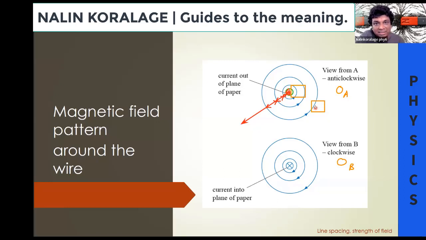So what do you understand? Something we have already discussed. Field lines are closer to each other where magnetic field strength is greater, right? So therefore here it should be a stronger magnetic field than there. The same thing holds true regarding the other figure as well. Now actually these two are the same diagram, the same magnetic field from two different points of view. Okay, so now let me write one important thing here. Let's say here we have the stronger magnetic field.